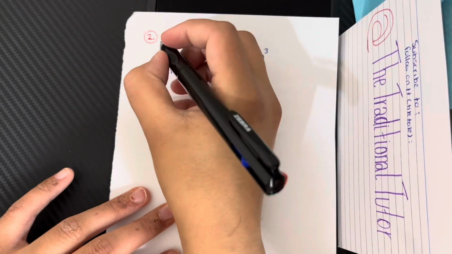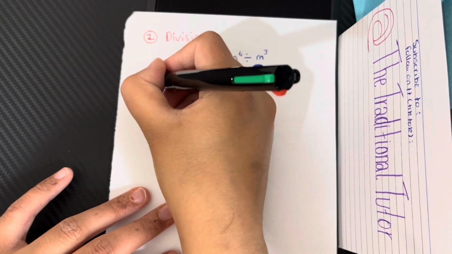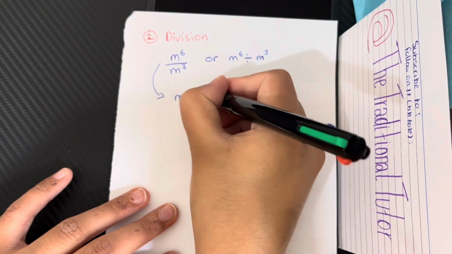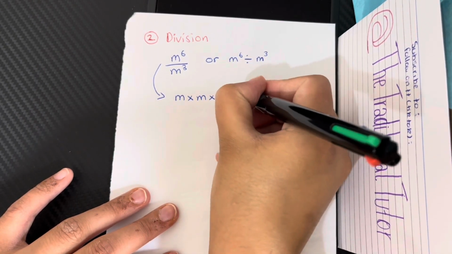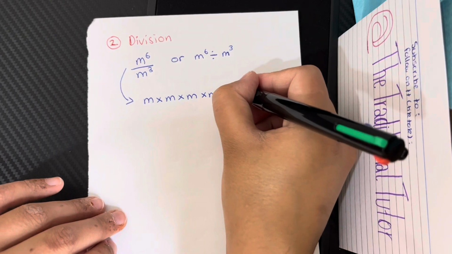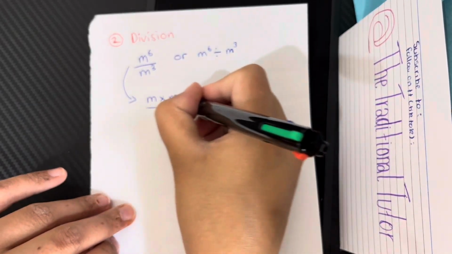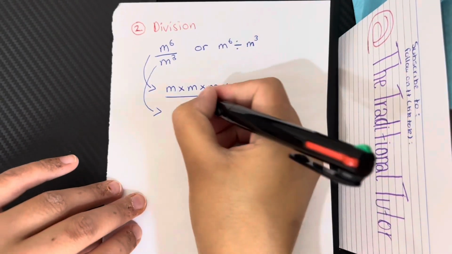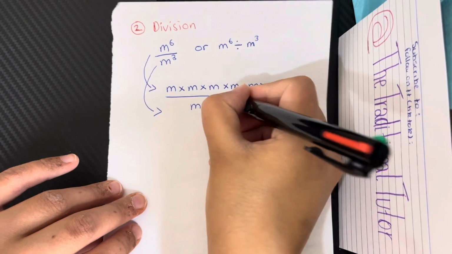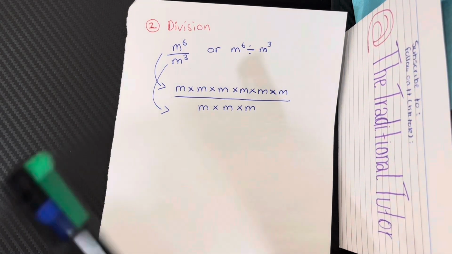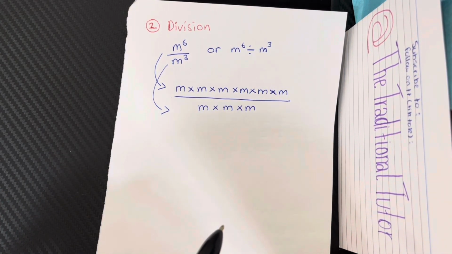If you've got m to the power of 6, that just means we're multiplying 6 lots of m's together, so 1, 2, 3, 4, 5 and 6. And then m cubed just means that our denominator will have 3 lots of m's being multiplied together. Because we're dividing them, and we've got fractions, we cancel common factors together.